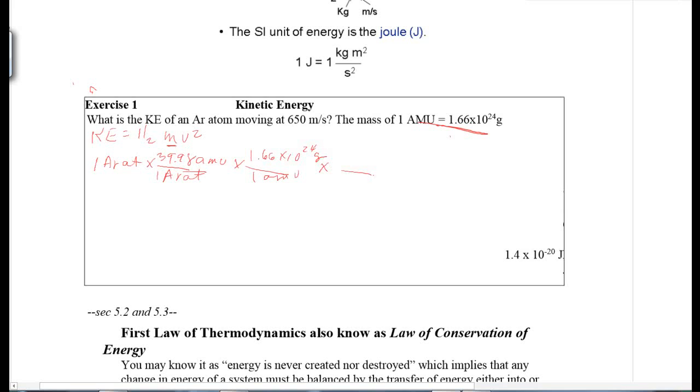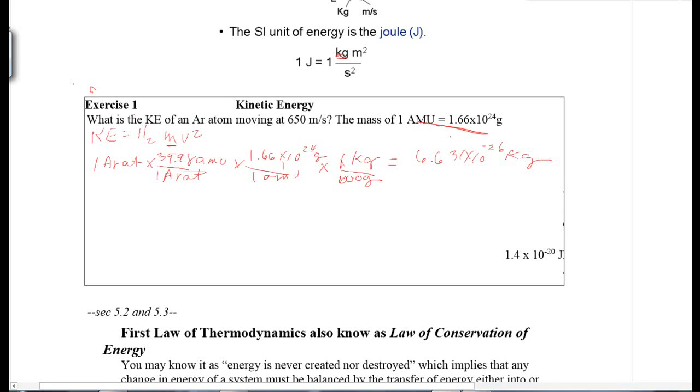But I need to get this in kilograms, right? Because I got to get kilograms here. So I know that 1,000 grams, whoops, that's 1,000, not 100, is 1 kilogram. And if I multiply that out, I will get 6.631 times 10 to the minus 26 kilograms. Okay.